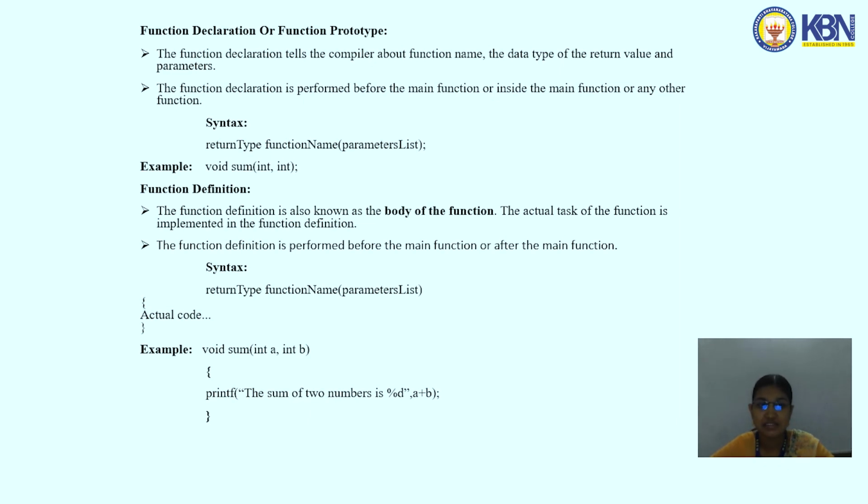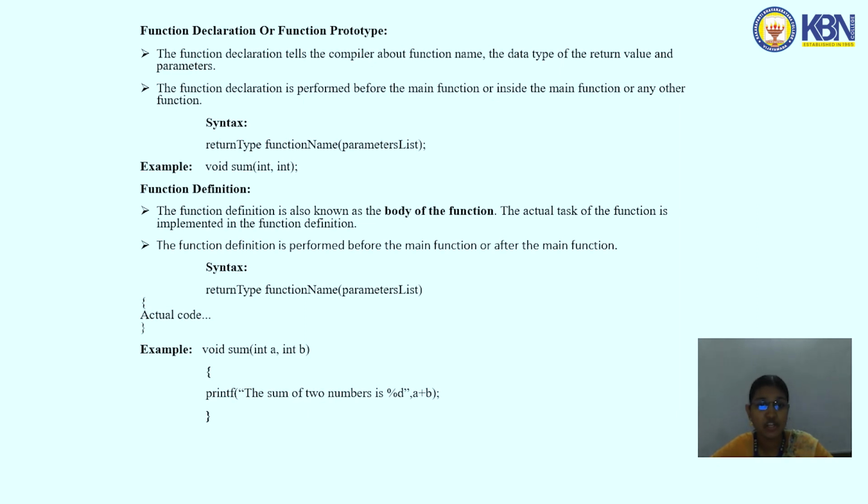Let's see the syntax: return type, function name, parameter list. Return type has two options: one is void, another one is int. Void means no return value. Int means it returns a value. Here the return type I am using is void. Function name is sum. I am declaring two parameters, int comma int.